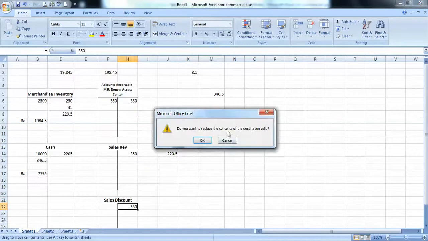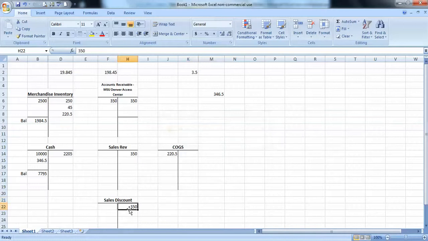Go ahead and delete this. The debit of the $3.50, our sales discount, would have given us net sales equal to the amount of cash that came in the door, the $346.50. $350 minus the $3.50 discount gives us $346.50 of net sales revenue.